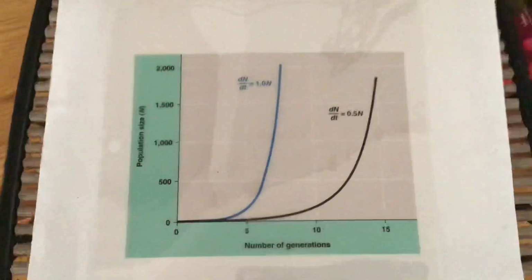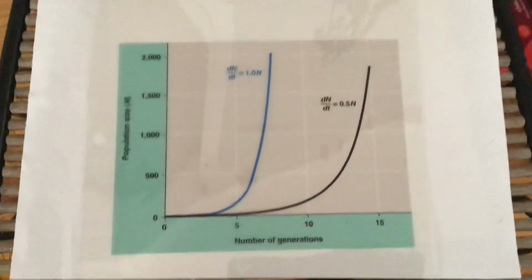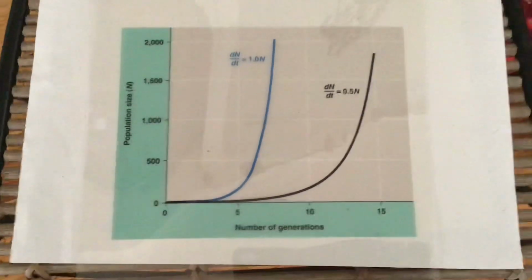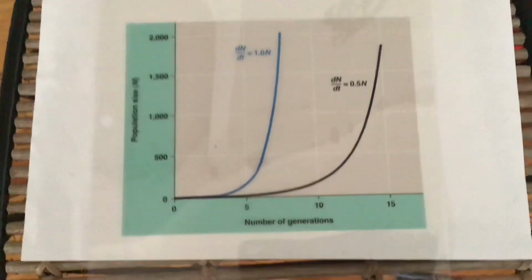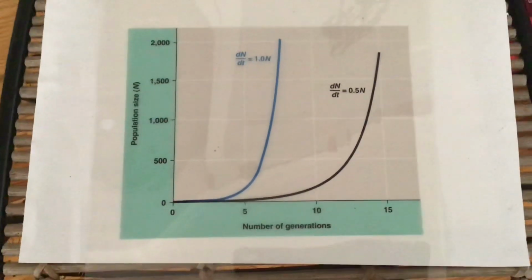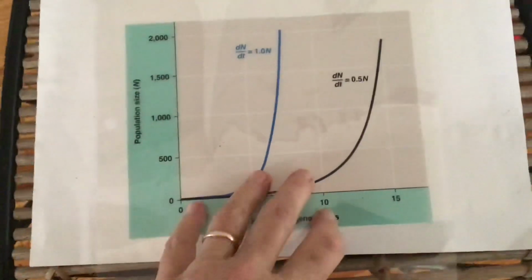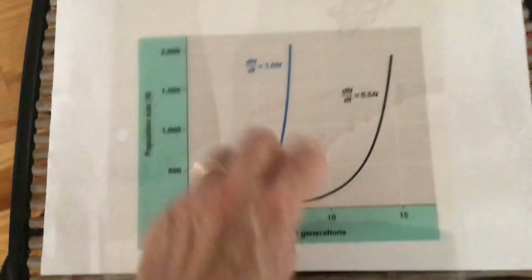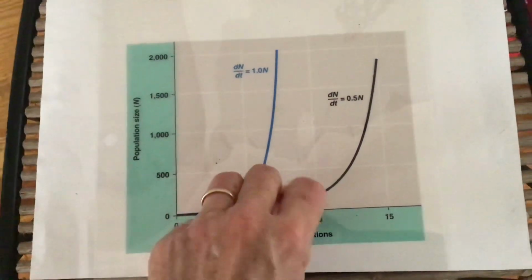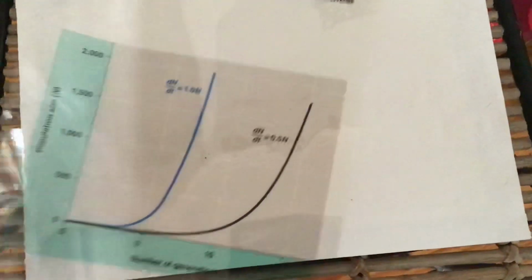Now, a lot of populations will reproduce very fast in a very short amount of time, and those are what we call the typical R-selected species. They have a huge reproductive rate because most of them are going to die off seasonally. That is, they will fall back down. I'll show you a graph in a few minutes that shows that.